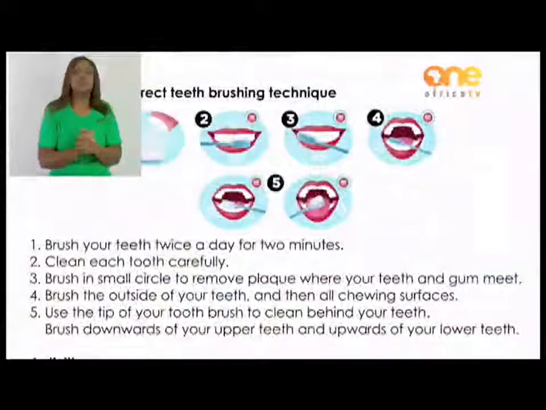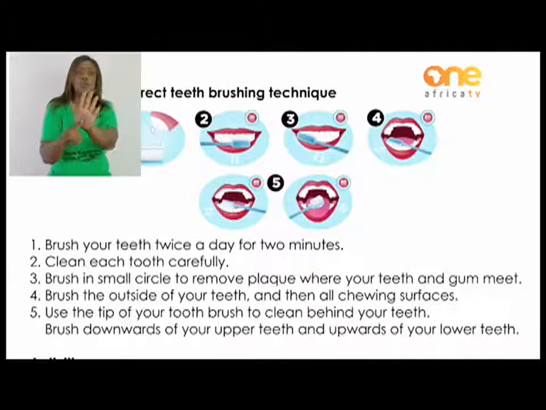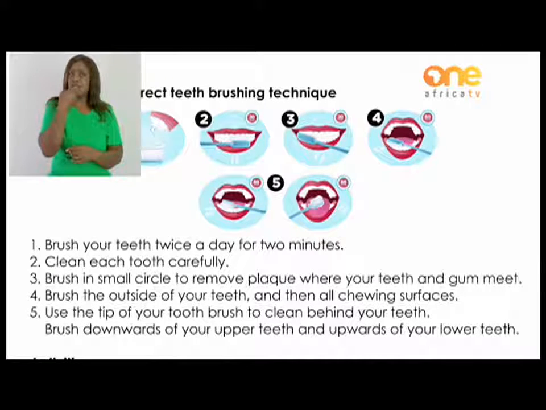We are going to demonstrate the correct teeth brushing techniques. You brush your teeth twice a day for 2 minutes. Clean each tooth carefully. Brush in small circles to remove plaque where your teeth and gum meet.